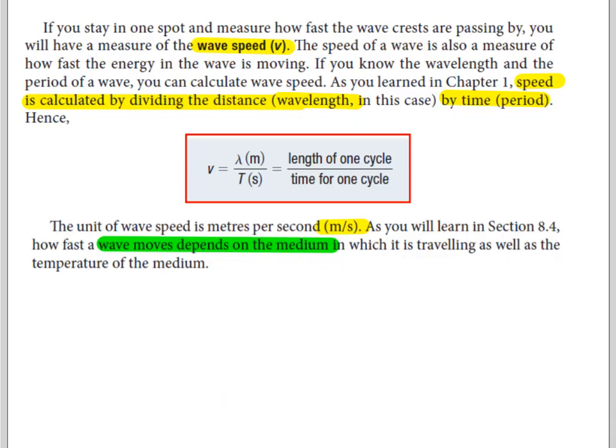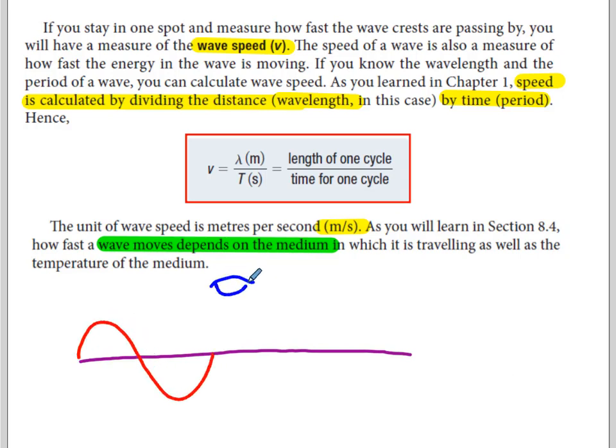Now if you stay in one spot and watch waves go by, we can come up with a wave speed. Imagine we have a line here, and I'll draw my wave, and this will be my eye watching.